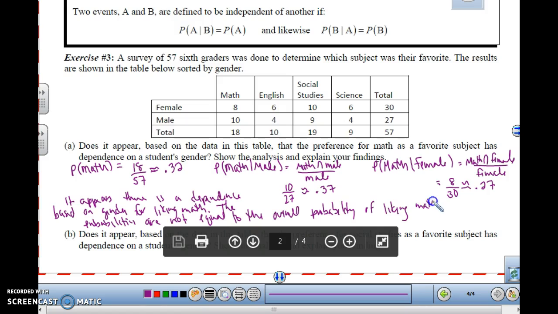When we threw in the gender, the probabilities changed. The overall probability is 0.32, this one's 0.37, this is 0.27. So the probability did change when we added the fact that you had males and females out of the group. So you can see that one is slightly dependent.